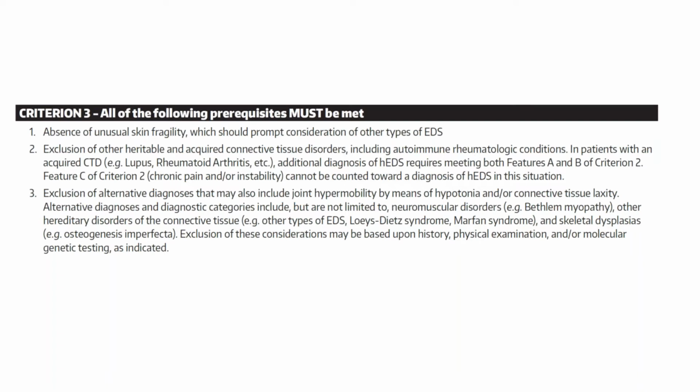We want to exclude other heritable and acquired connective tissue disorders. And we want to exclude alternative diagnoses that may cause joint hypermobility because of either muscle hypotonia or connective tissue laxity. So in other words, we've done our due diligence. We've really thought about other possible diagnoses that might explain the phenotype of the person to whom we're speaking.